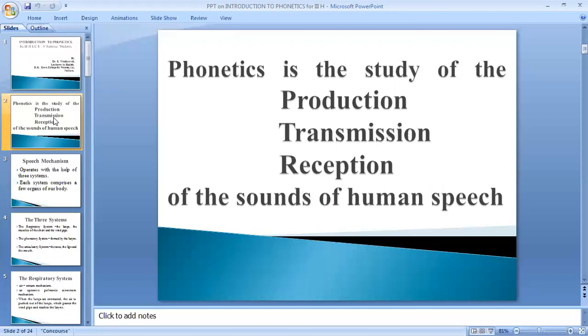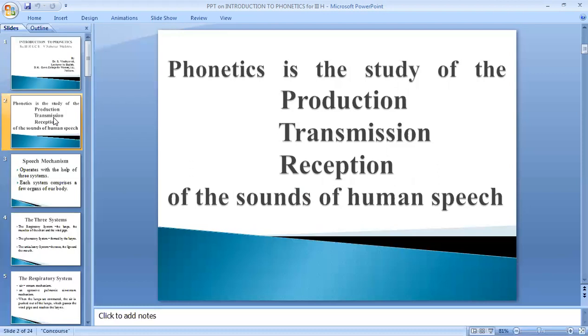Students, human beings are different from other animals in that they have developed a language to communicate with one another. While we speak to others, we use so many sounds. The study of those sounds is called phonetics.